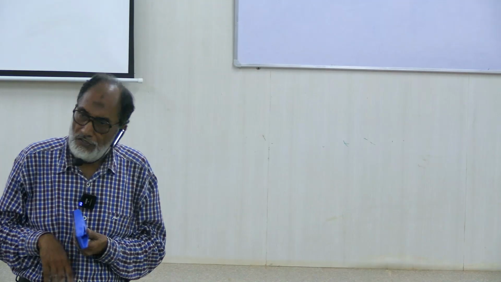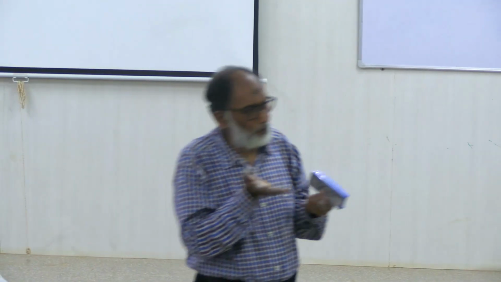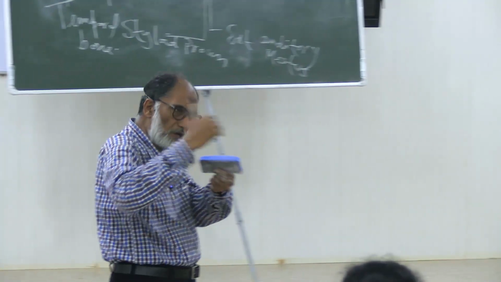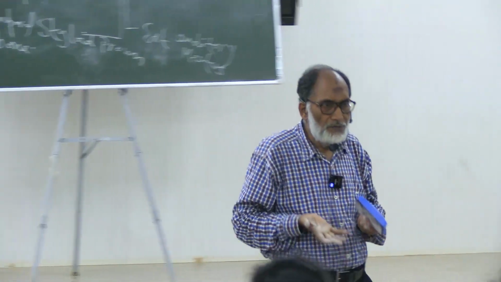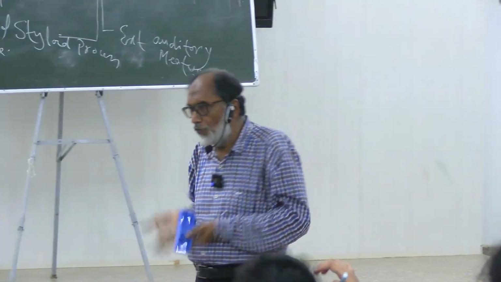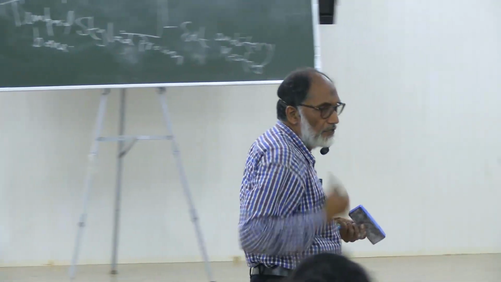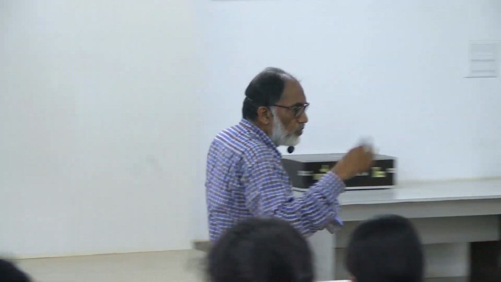In case of opening of the mouth, here you see first there will be gliding movement forward, as well as the muscles which will open the mouth. So which muscle causes forward gliding?